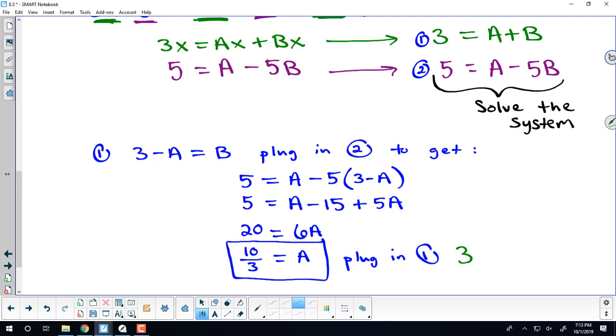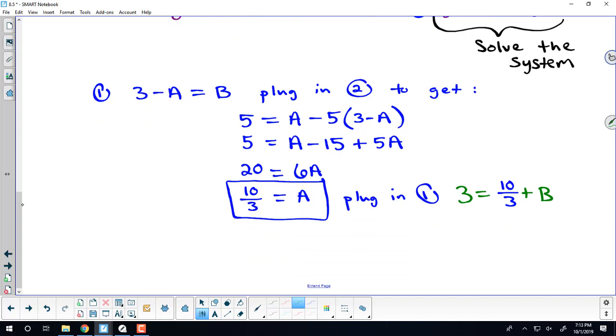We have 3 equals A plus B. And we can use that equation to solve for B. So we've got 3 minus 10 thirds. We have 9 thirds minus 10 thirds. So we have minus 1/3.